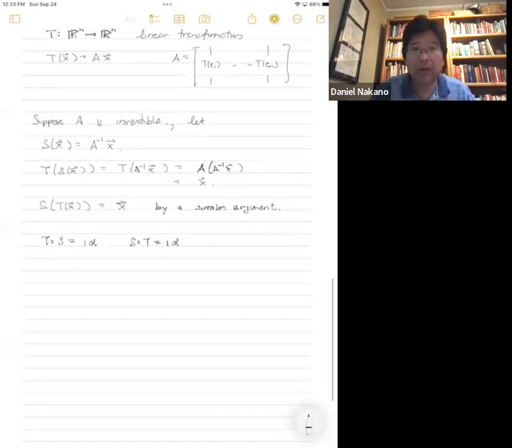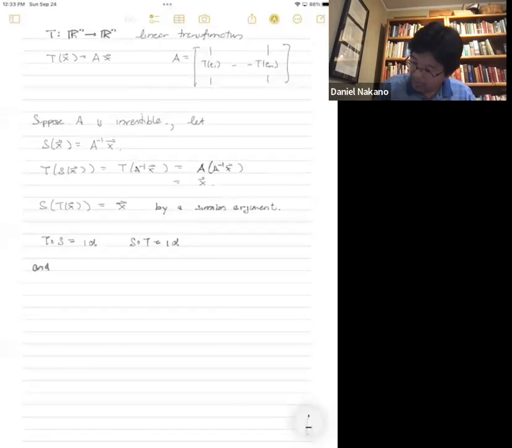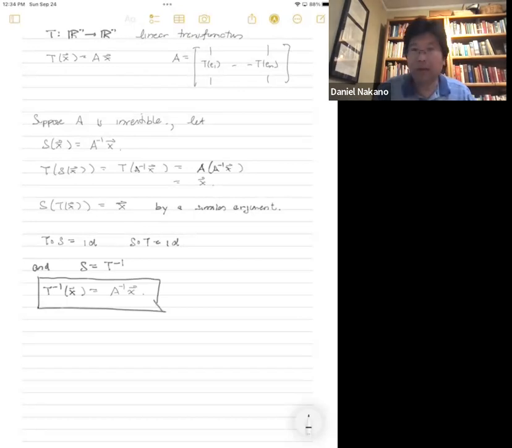So what that means is that S has to be the inverse of T. So what I've shown is that the inverse of T is just given by the matrix A inverse times x. So if A is invertible, I can write out the inverse quite nicely.